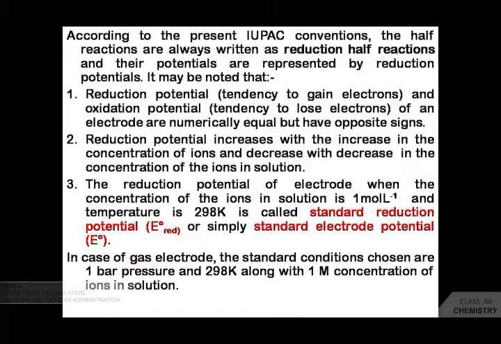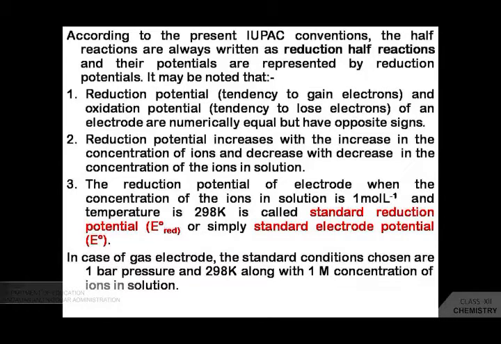It is very important that the standard condition for an electrochemical cell is that the concentration of ions in the solution is 1 mole per liter and the temperature is 298 Kelvin. This is the case when the components exist in solution form, and it is represented as E naught reduction, or simply the standard electrode potential, E naught.